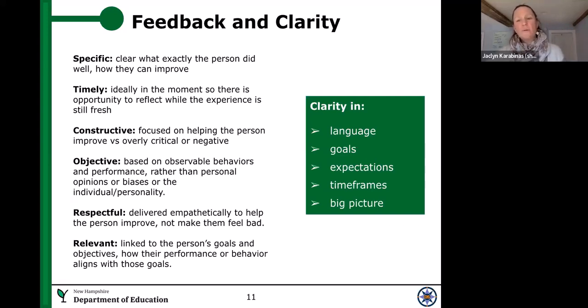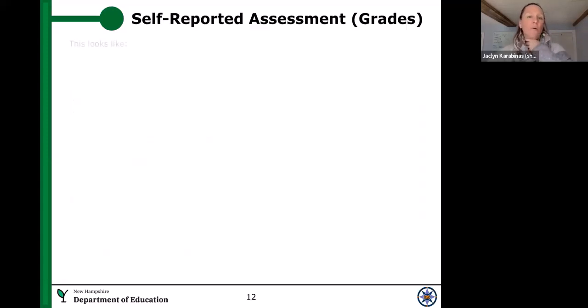We make sure that we show clarity in our language, in our expectations. Sometimes, knowing the big picture, if you're doing something that's going to last over a sequence of days, or it's a longer term goal. So these are some of the things that are helpful to keep in mind when we're designing and being responsive and tweaking our ICANs for activities, and thinking about how we give feedback to how students are meeting these goals.